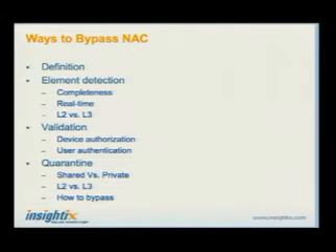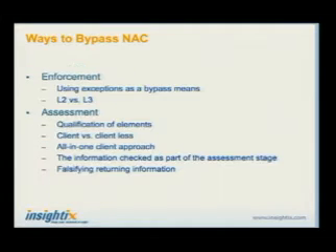We'll see issues with device authorization and user authentication. Then we'll talk about one of my most favorite topics, quarantine, shared versus private, layer 2, layer 3, and bypassing it. Then we'll go to enforcement, assessment, and we'll show some examples of a full flow of solution at the end, so it will be interesting for all of us.